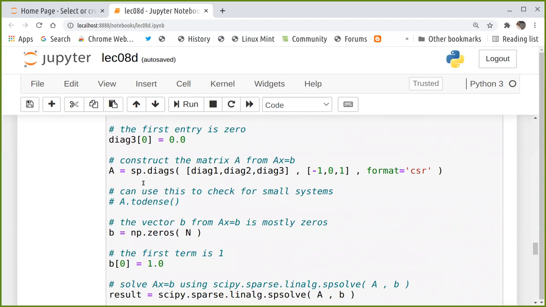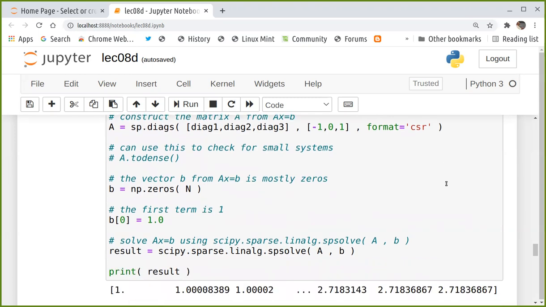So now, once again, to specify a tridiagonal matrix, give diags the 3 diagonals, tell them how they're offset from the main diagonal, and give it one of the acceptable formats. We don't want to use toDense to check, because right now it's just too big for us.